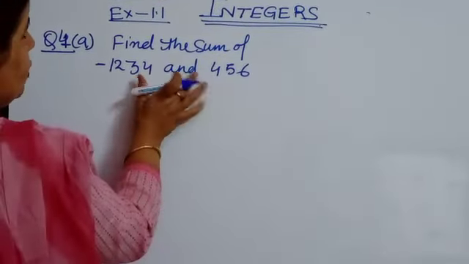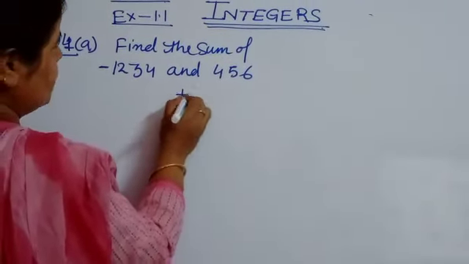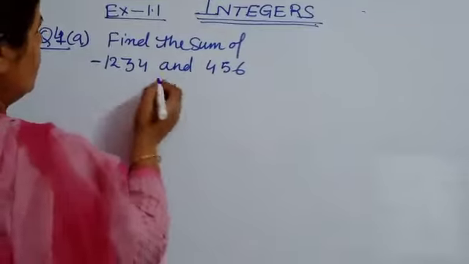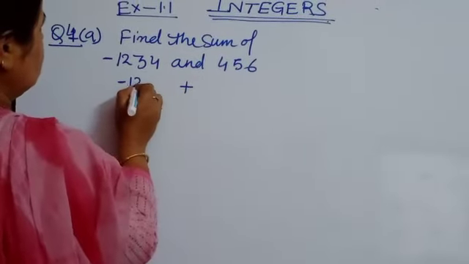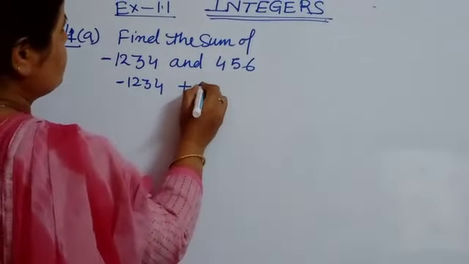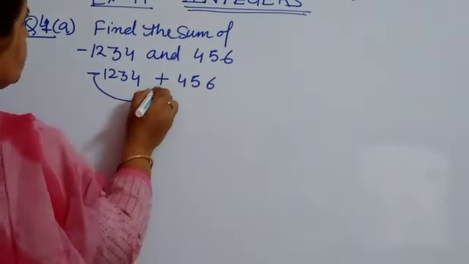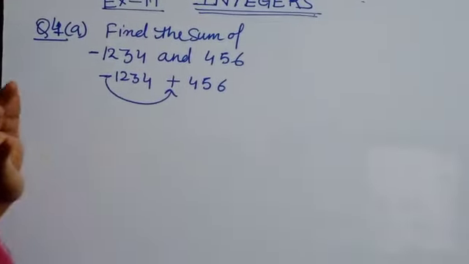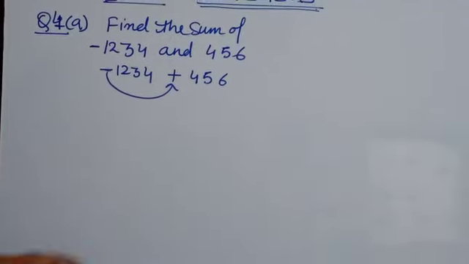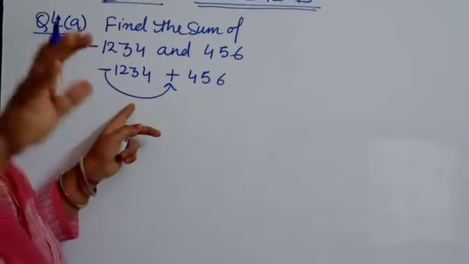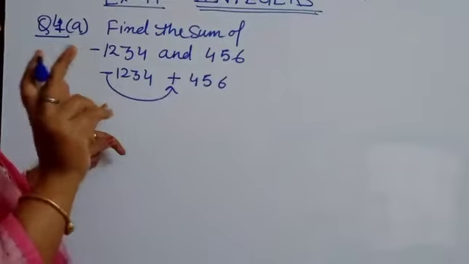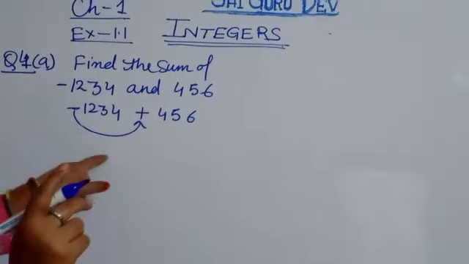In place of "and", you will put the plus sign and then write the numbers: minus 1234 plus 456. Now see that these are two opposite sign numbers. We will apply the rules of addition and subtraction of integers which we learned in the first day's class.